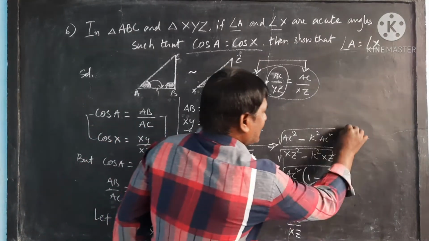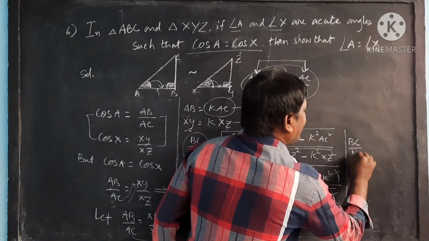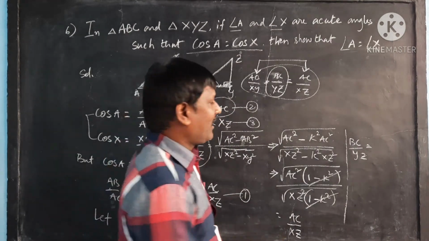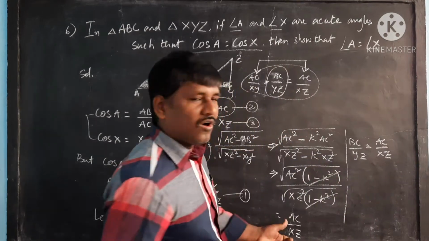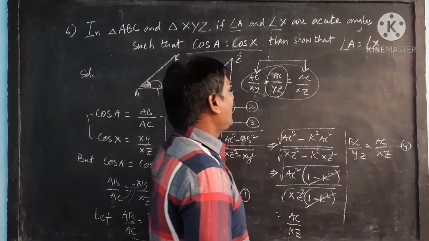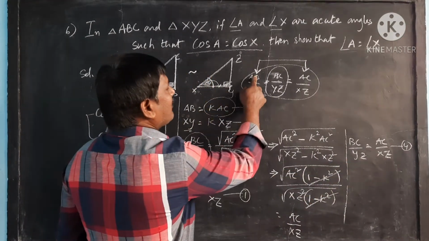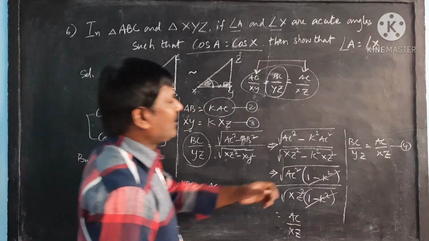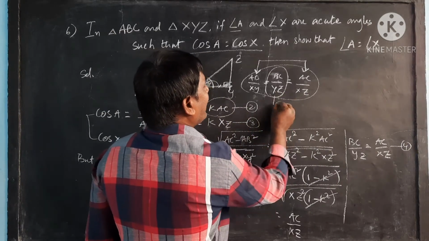So you can write BC by YZ is equal to AC by XZ. This is equation 4. From equations 1 and 4: equation 1 says AB by XY is equal to AC by XZ, and equation 4 says BC by YZ is equal to AC by XZ.